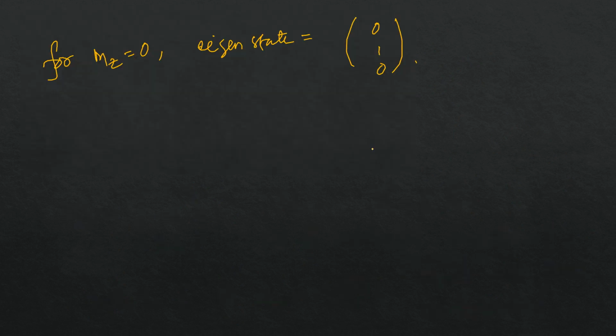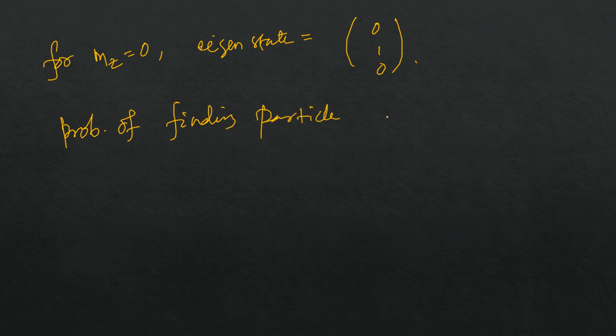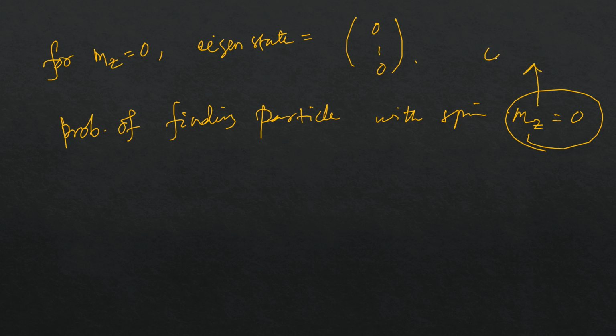Number of undeflected particles means we have to calculate first what? The probability of finding the particle with mz equal to 0, isn't it? Because particles with mz equal to 0 are going undeflected. So you have to find the probability.